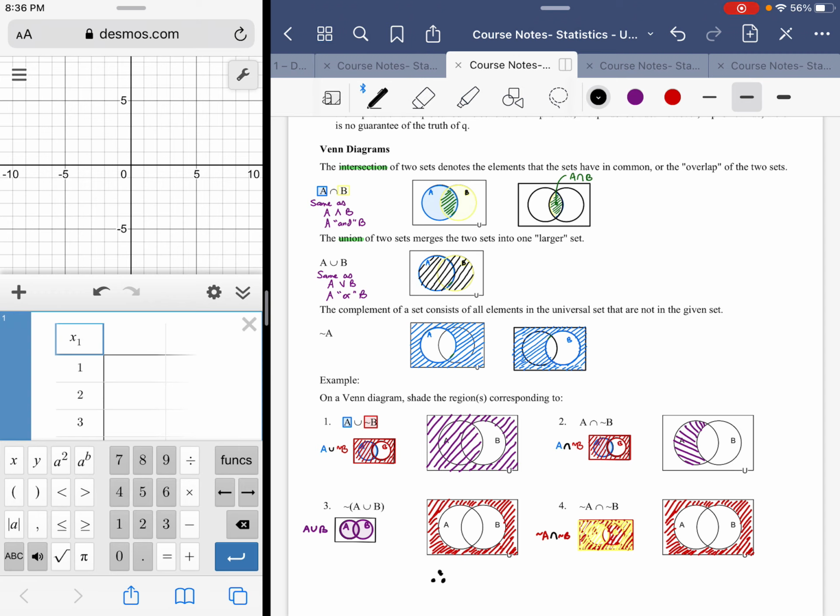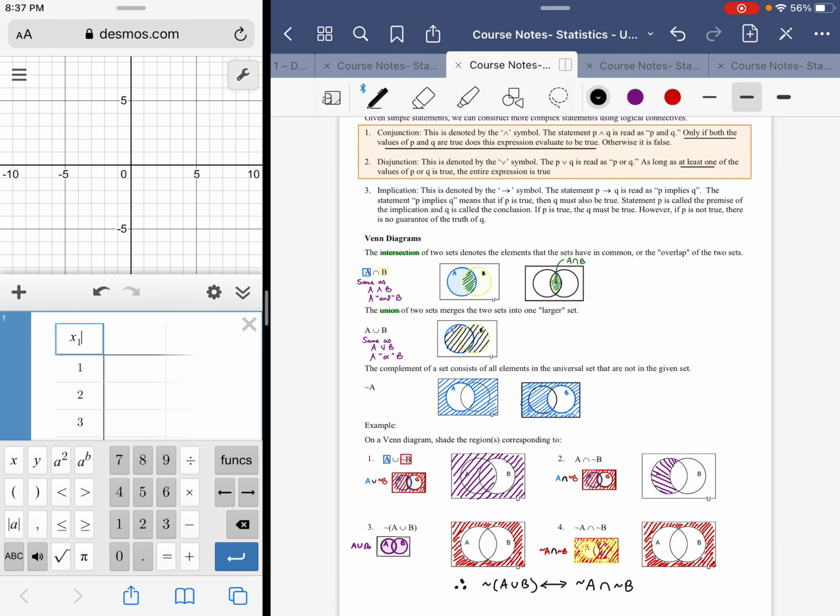All right, so therefore, not A union B is logically equivalent, and we use a double-sided arrow to represent logically equivalent, to not A intersection not B, not A and not B. All right, so that's something called De Morgan's laws, or one of De Morgan's laws.